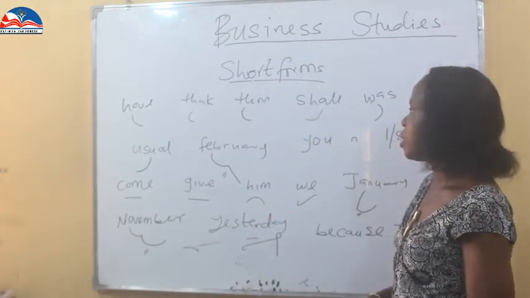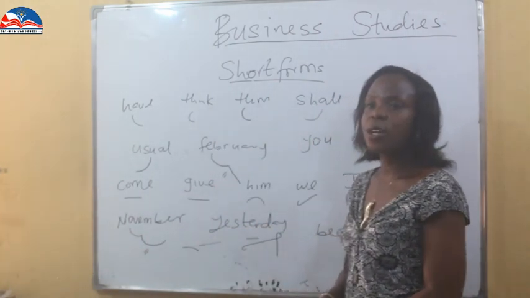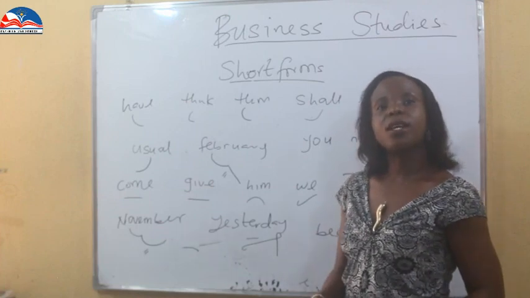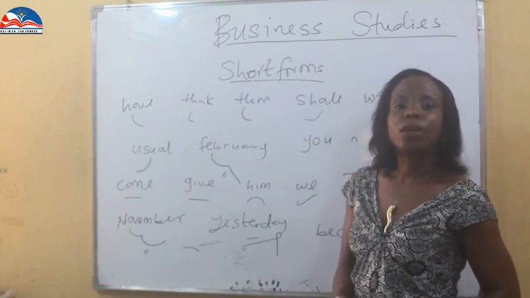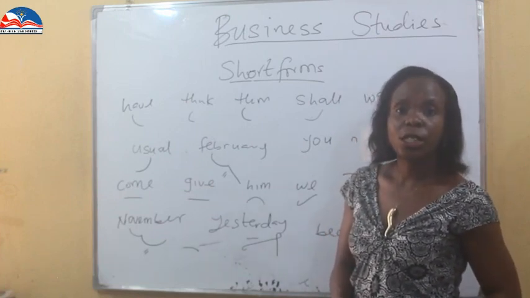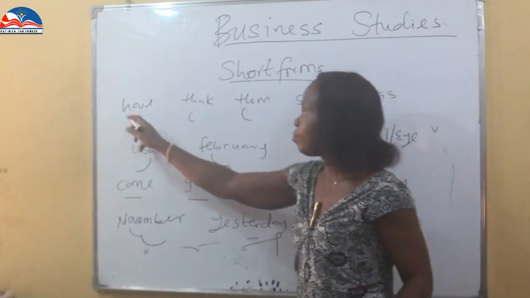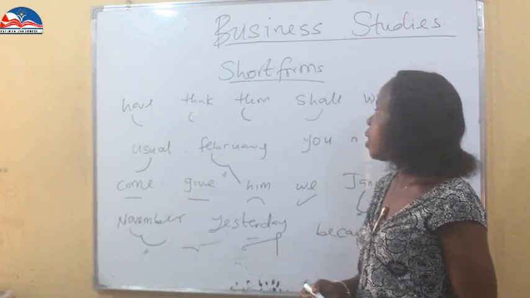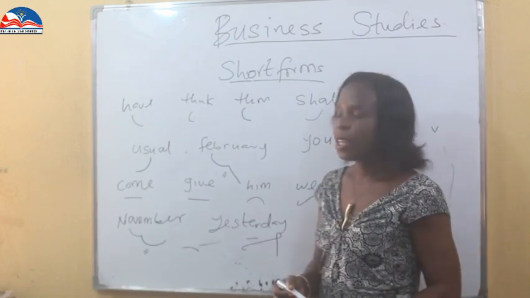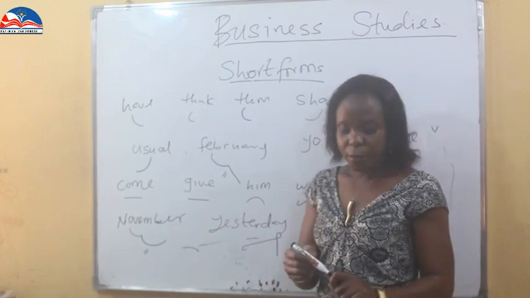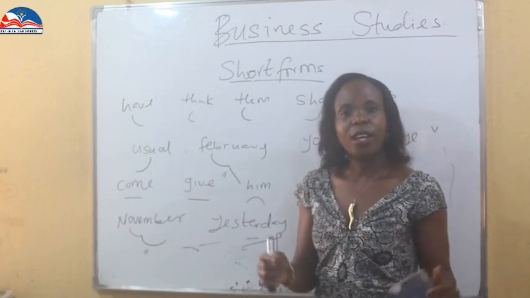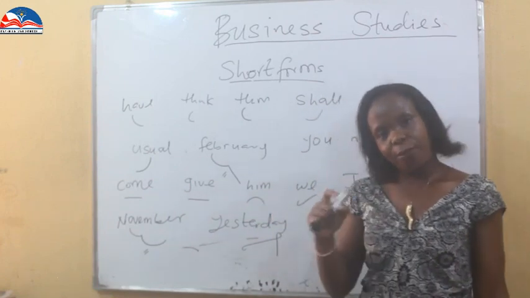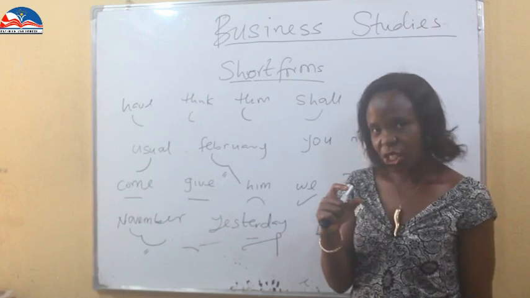Now let us see this. Have. Have is gotten from the consonant curve H, and it's written this way. We have think. Remember I told you that we have heavy stroke, heavy curve, heavy dash.